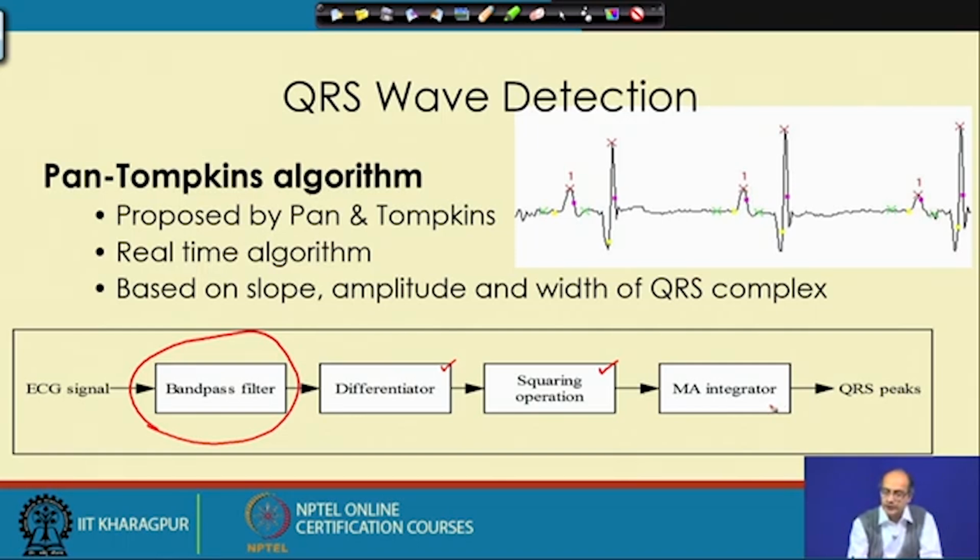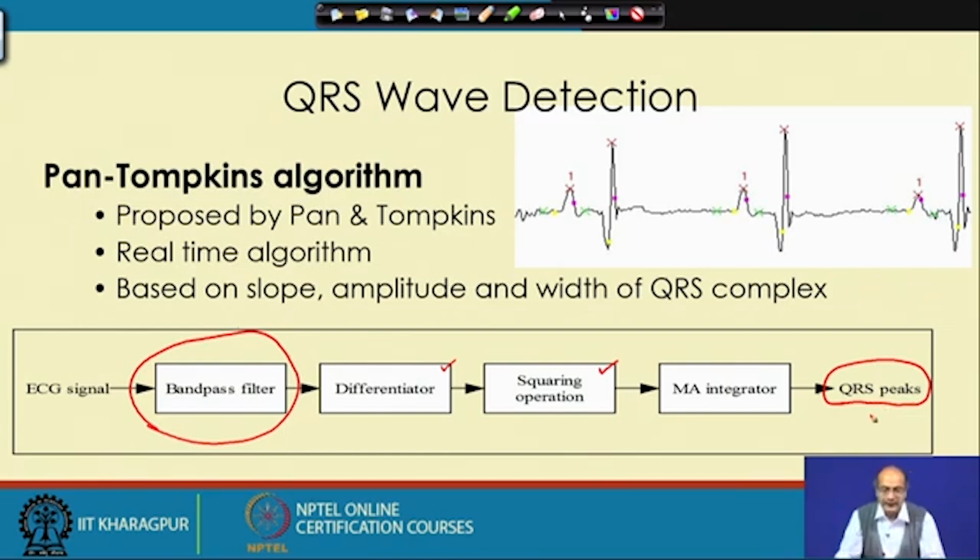So, to smooth it out, and then the last part is the QRS peaks, and for finding the peaks Pan-Tompkins has suggested an elaborate procedure.